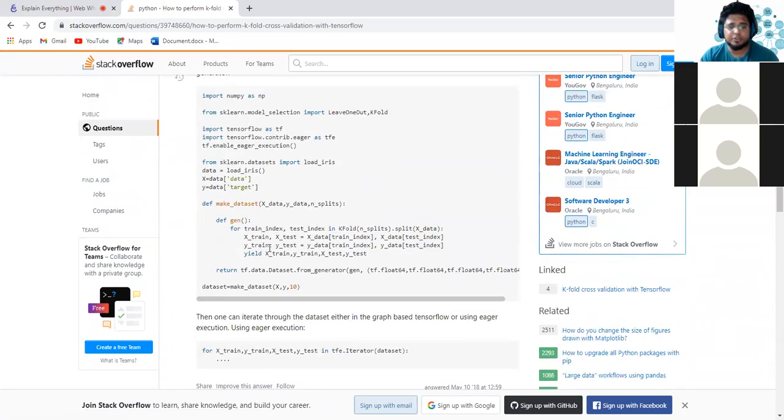So as I said, when you do train test split, it randomly splits the data into one portion. For that random split, maybe the decision tree is giving you a good result.